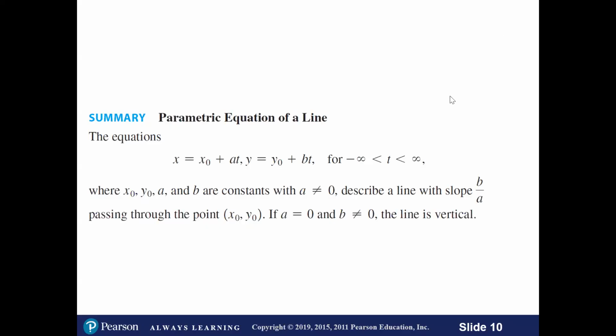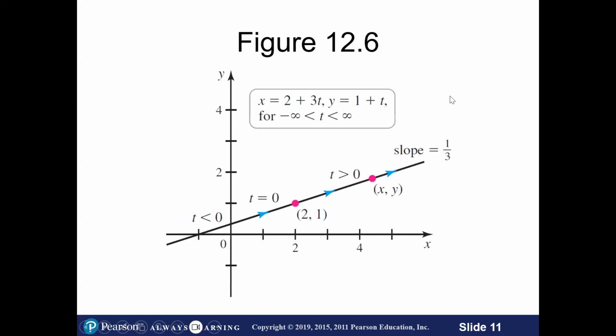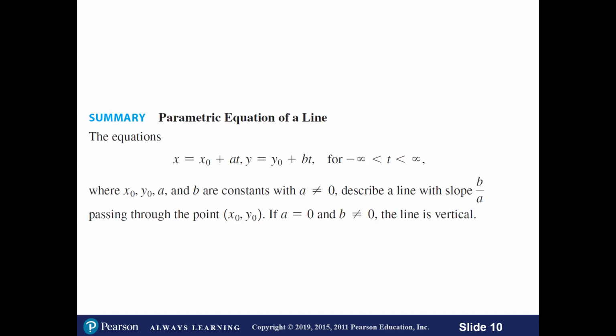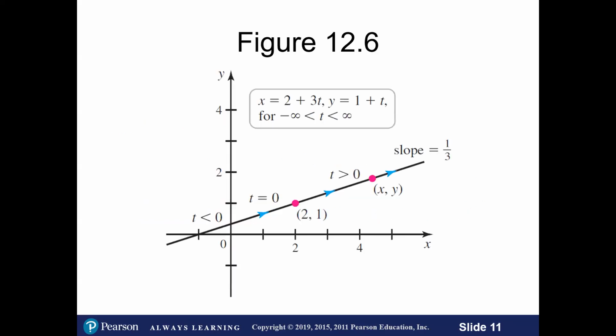All right, so a quick example of that: x of t is 2 plus 3t, y equals 1 plus t. So jumping back here, we have x naught is 2, a is 3, y naught is 1, b is 1.